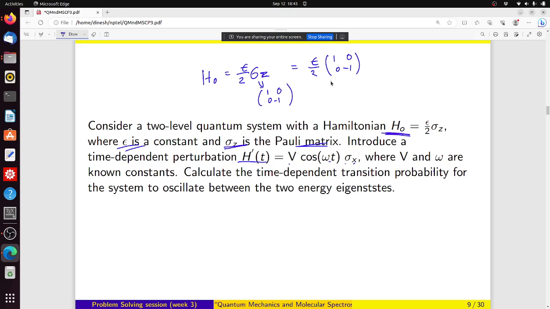You see this matrix is already diagonal, so I know its eigenvalues will be plus or minus 1. The eigenvectors, one representation I can do like this, 1 0 and 0 1, right?